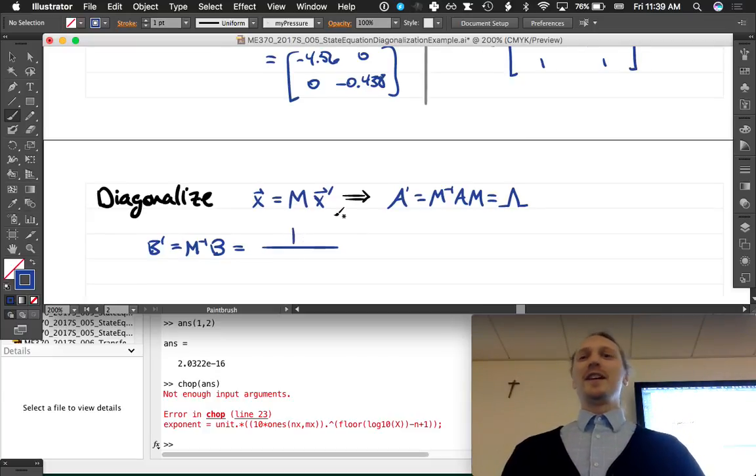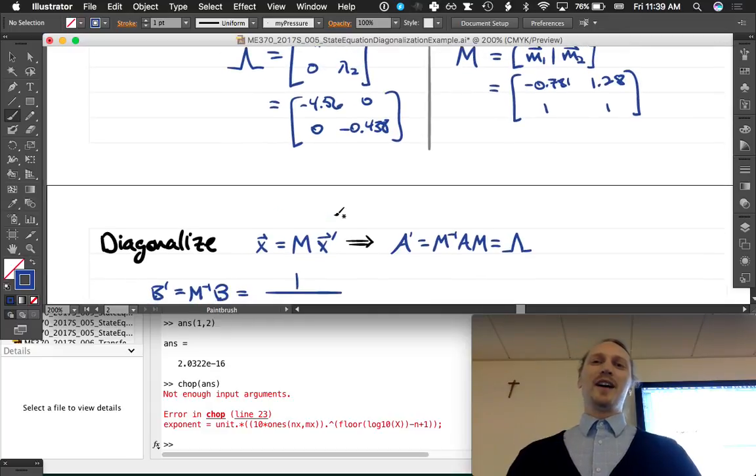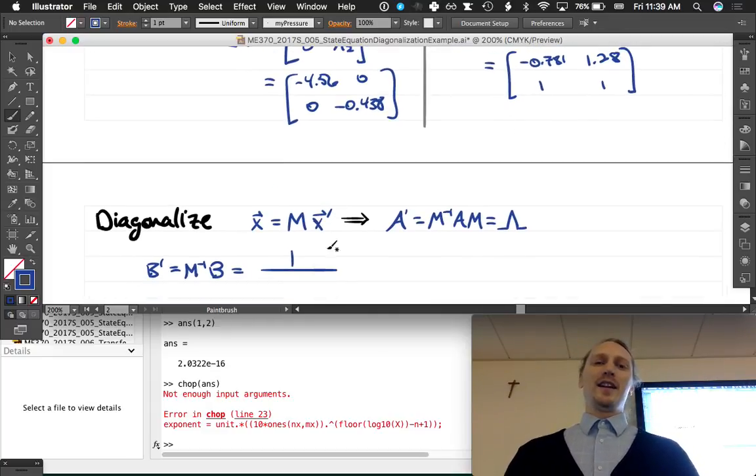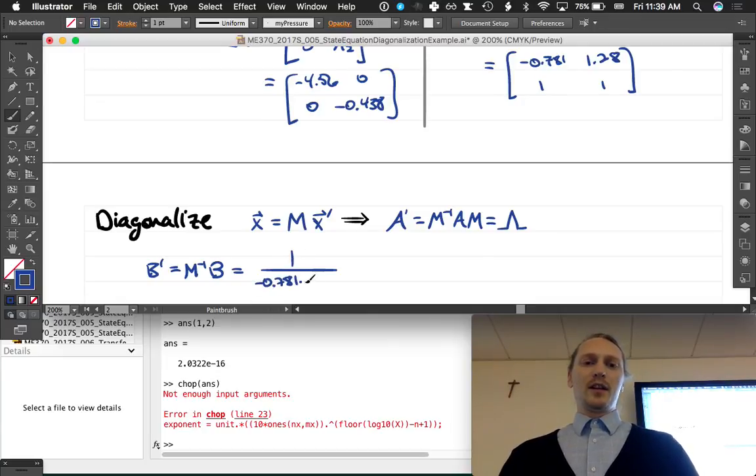There are several ways to do this, but I'm going to do it by saying 1 divided by the determinant, which is negative 0.781 times 1 minus 1.28 times 1. So that's the determinant.